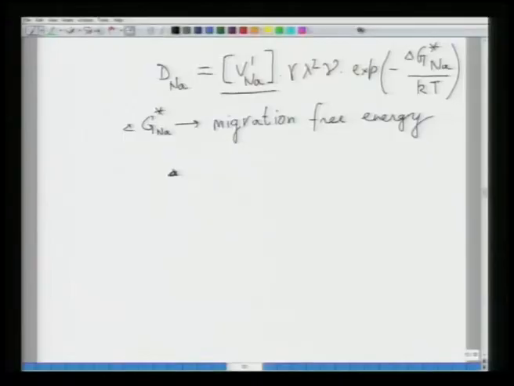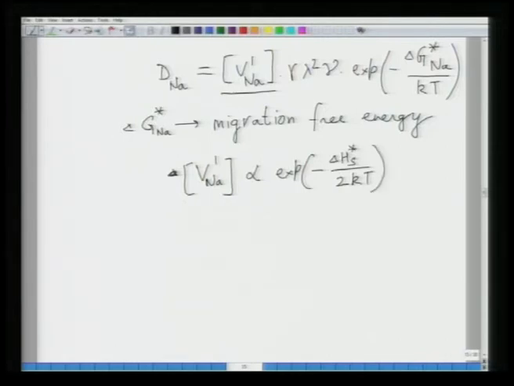At lower temperatures, Schottky defect formation does not give rise to a large number of vacancies, because we know that intrinsic defect concentration V_Na is proportional to exponential of minus delta H_s star divided by 2kT.